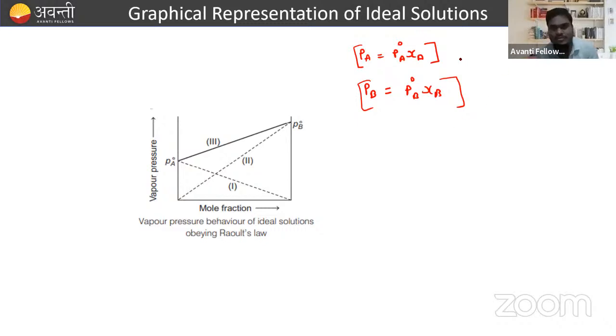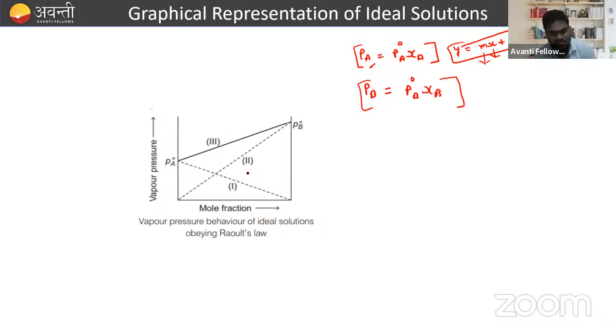We know that the straight line equation is y is equal to mx plus c. So this is the equation of a straight line, right? By using this equation, in the y-axis we are considering pressure, x is the mole fraction, and m is the slope. So by using y is equal to mx plus c, we can draw the curve like this.